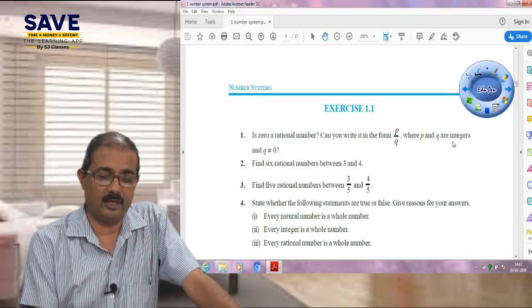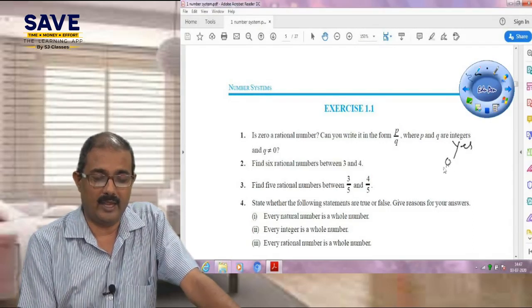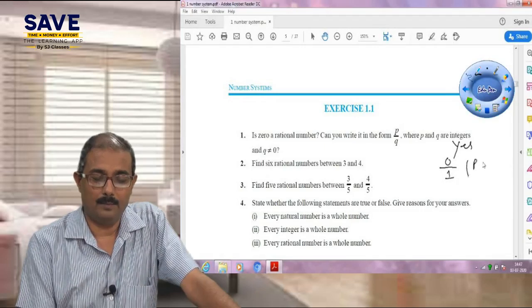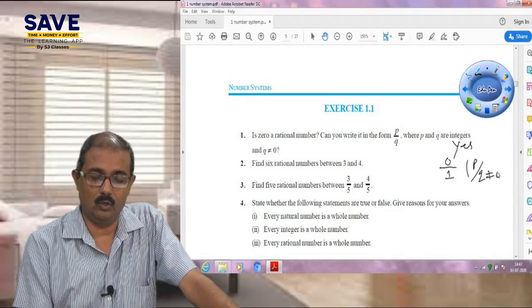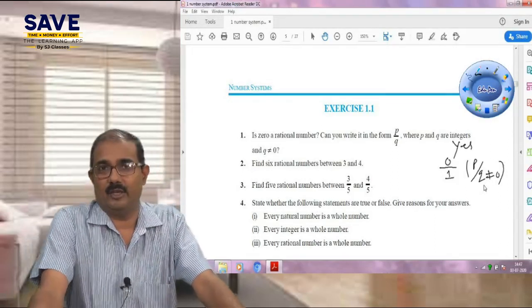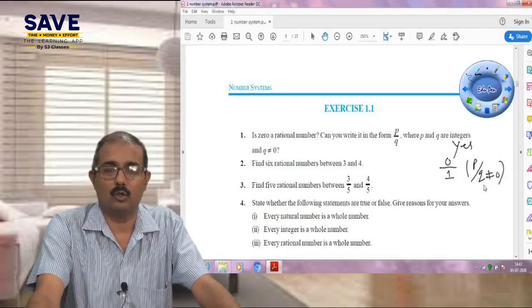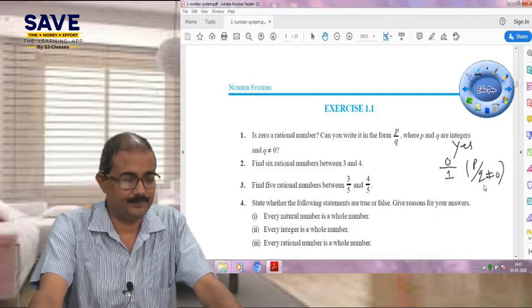Because you can write 0 as 0 upon 1, which is of the form p upon q, where q is not equal to 0. When we were discussing rational numbers, I also told you that 0 is a rational number.